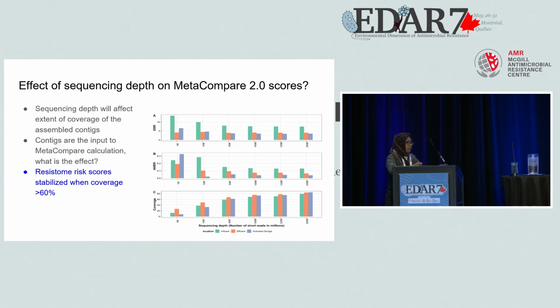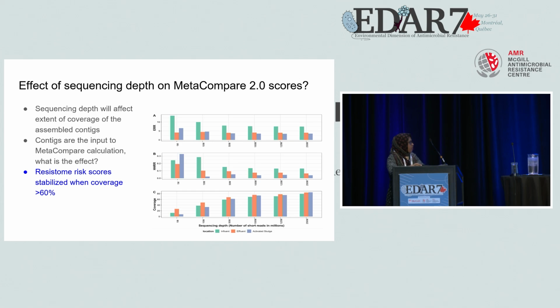And from these samples, we generated subsamples using random subsampling method, and those samples have different range of sequencing depth. They can be very shallow, like containing only 1 million short reads, or very deeply sequenced, containing like 250 million short reads.